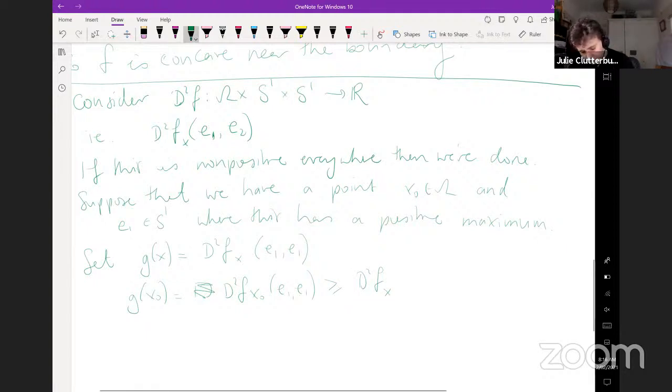And because we're assuming that this is the maximum, also over all other tangent directions, it's also going to be greater than this, for all x and here.